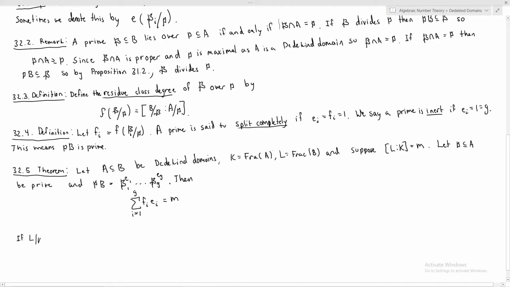If L over K is Galois, then all the Ei's are equal. All ramification indices are equal. And all the residue degrees are equal.